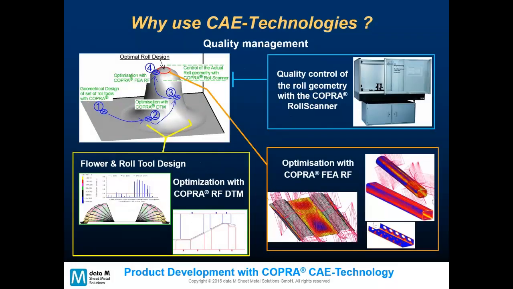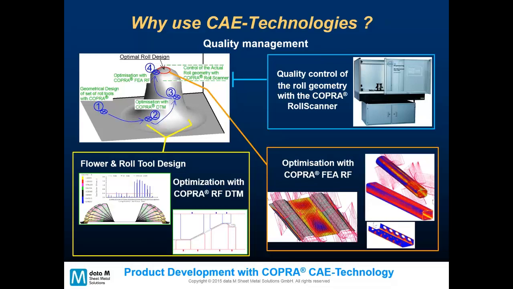So if we look at using the COPRA tools now within our quality management, we start here where we have the geometrical design of the set of roll tools with COPRA, and we can optimize this with the COPRA deformation technology module, looking at theoretical strains, making sure we've made an optimal choice there.